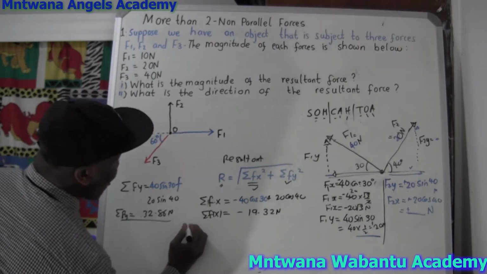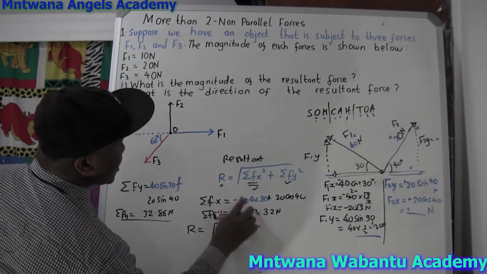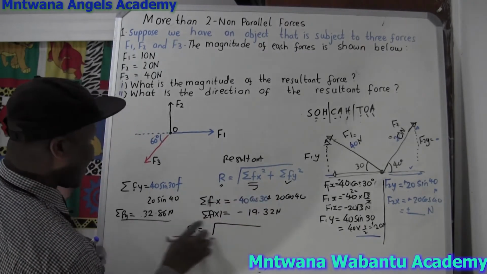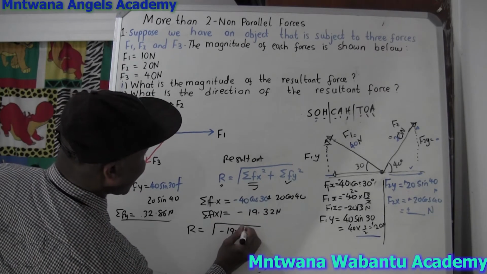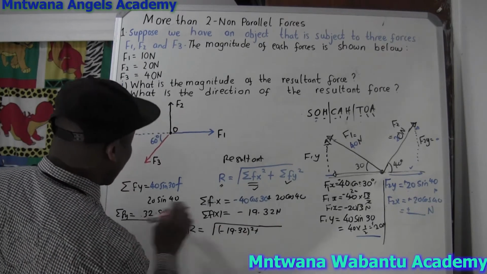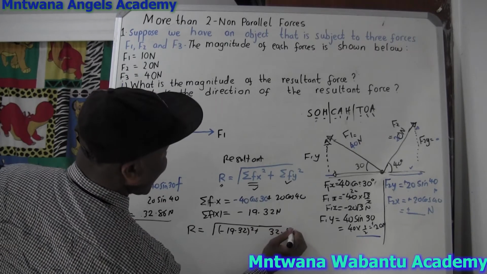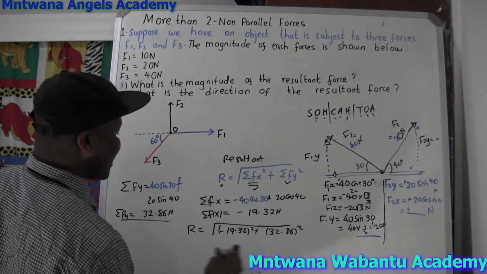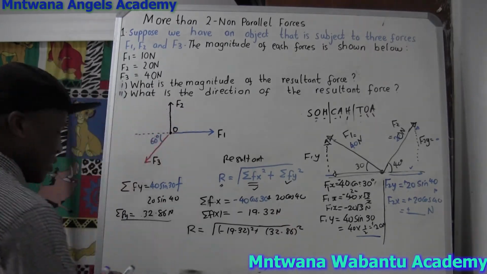So now we're going to say, okay, our resultant magnitude equal to, take this one square, f of x square means negative 19.32 square, and then take this one going to be 32.86 also one square, and then plug this in the calculator. It's going to give the answer. So now let's go.